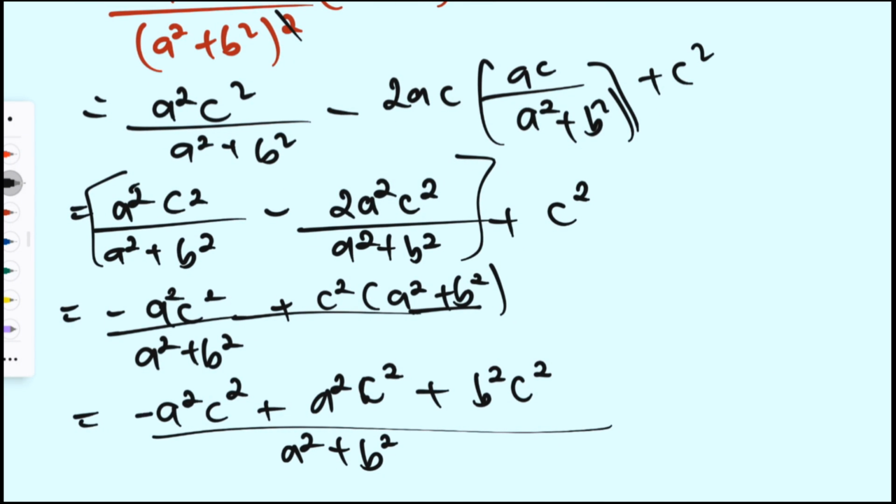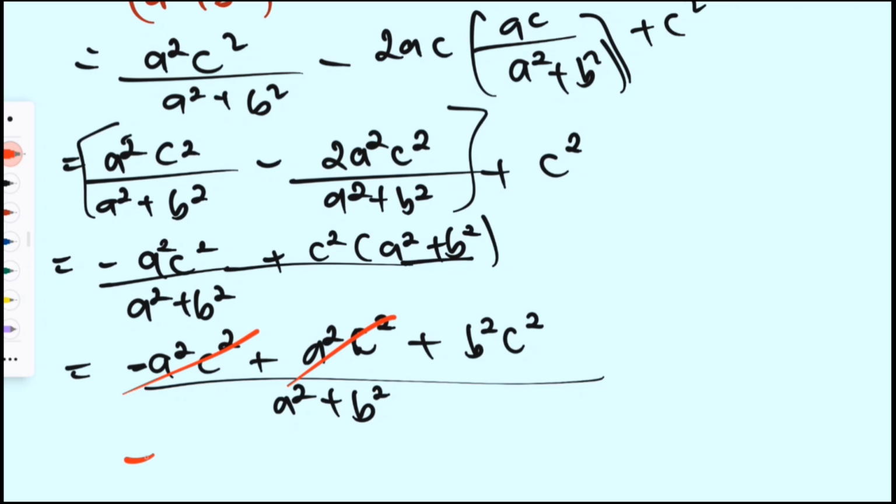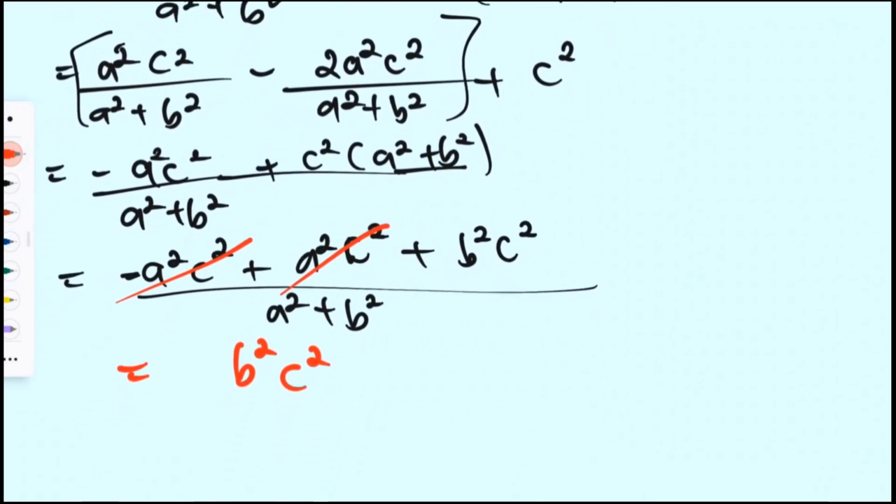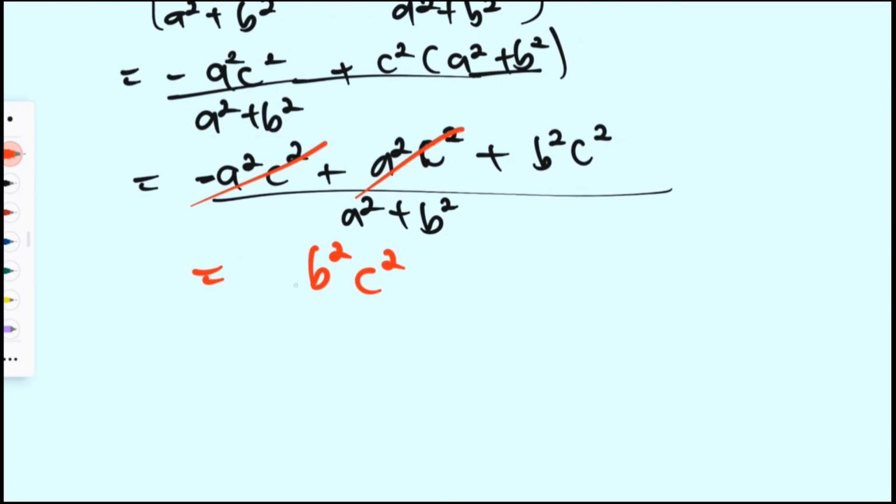And then this is a negative. This would cancel out. And we can finally have b squared c squared over a squared plus b squared as our y value.